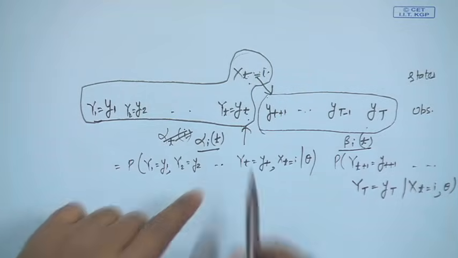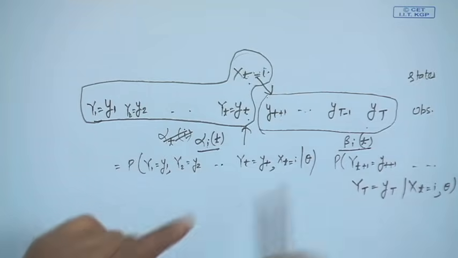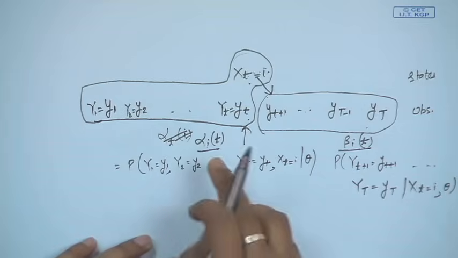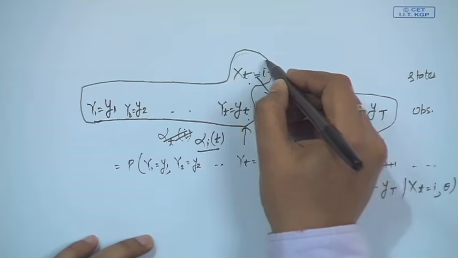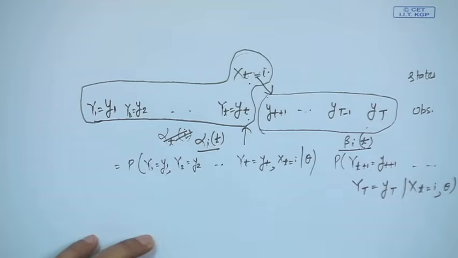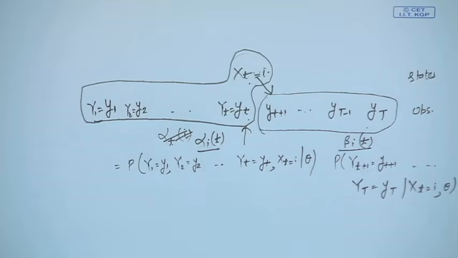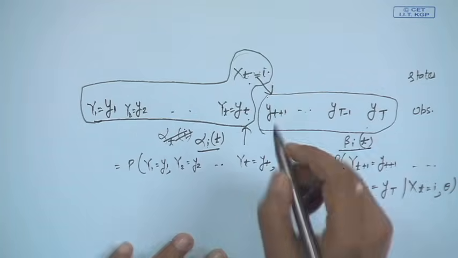Okay? So I can multiply alpha it, beta it and divide by the sum over all possible j of alpha jt and beta jt to compute the probability of seeing state i at time point t. And that's how these forward and backward probabilities help me. Okay? So you will see that in detail. So right now just the formulation.